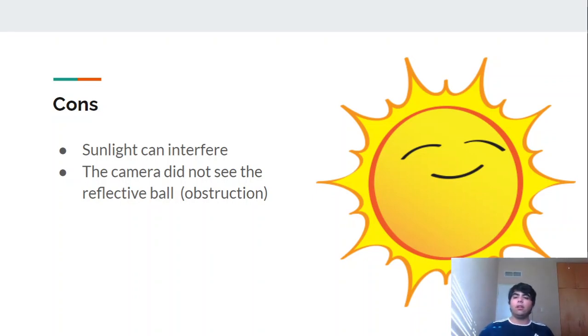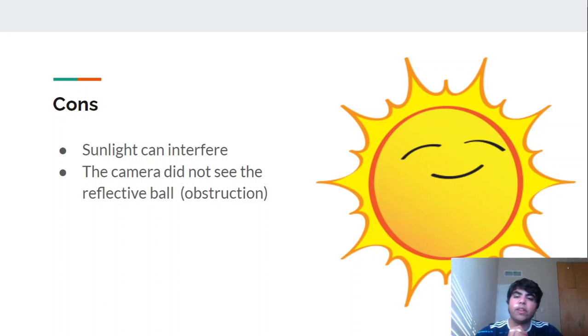So the cons: if you're using reflective tape outside, you will have interference from the sunlight, and it will create a different image than if you use a controlled environment.